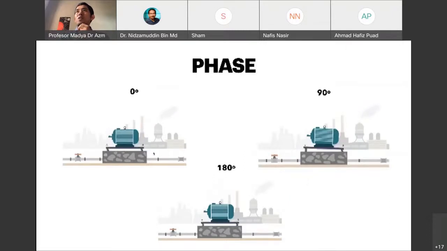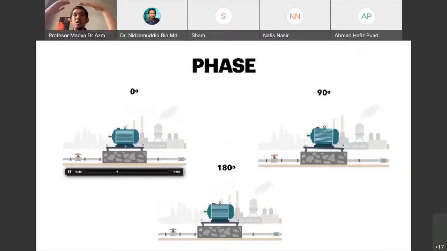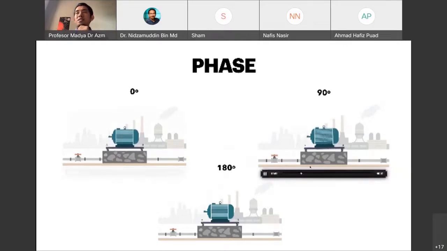Okay, so we can also apply this if we take 2 points. Let's say we take measurement point A and point B, and we end up with zero phase at that frequency, then we can visualize the vibrations as moving together. 90 degrees is something like this. 180 degrees is a rocking motion.